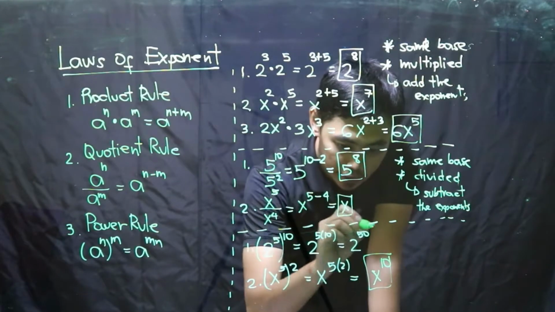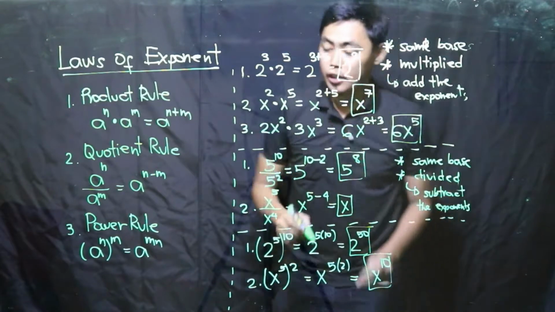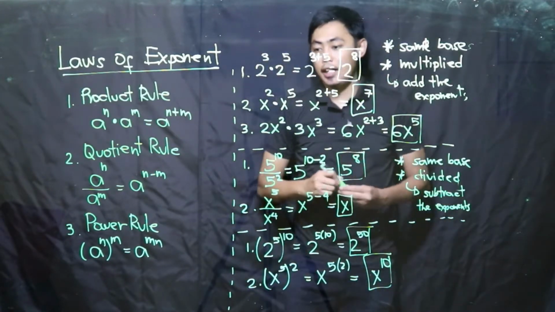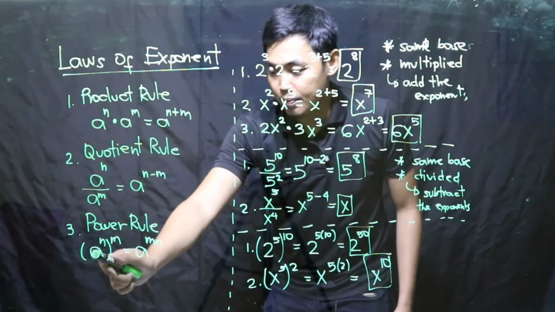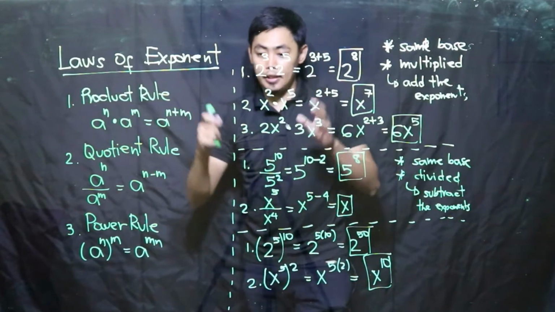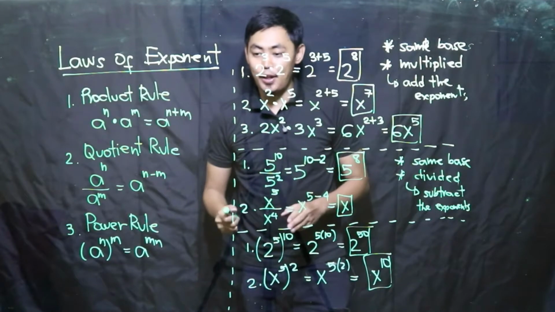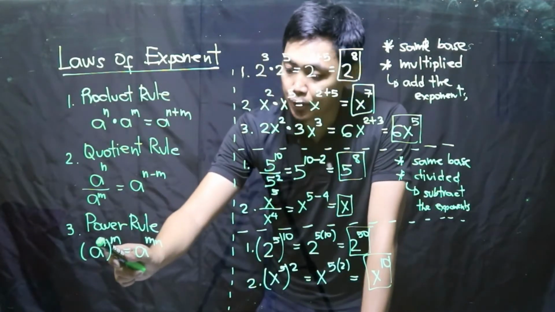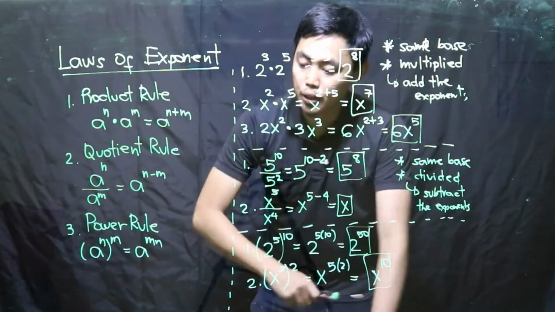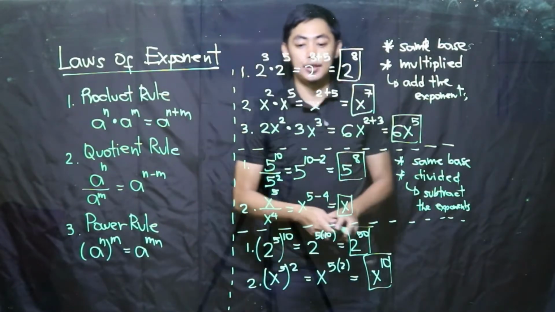So this is our answer. Okay? So the power rule is really easy. If you see a particular number raised to a power, and then that is also raised to another power, you just need to multiply their exponents.